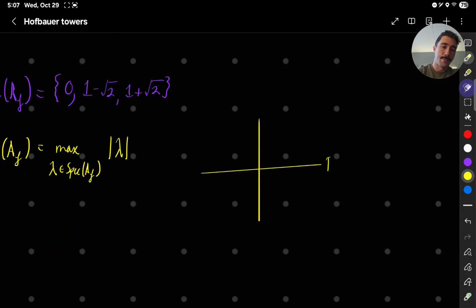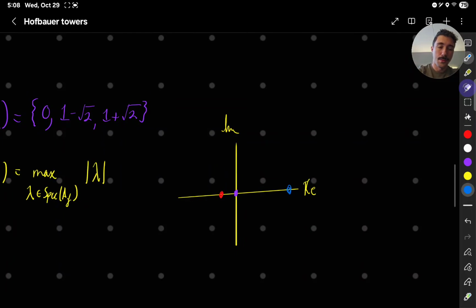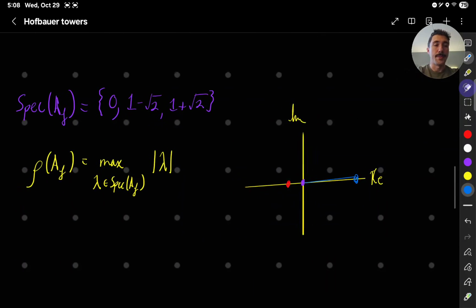So this is the real line. This is the imaginary line. And you, in this case, would have 0. Root 2 is bigger than 1, so you'll have something over here. That's this one. And then you'll also have 1 plus root 2 over here. And so you look at the moduli, which are the distance from the origin, and the blue one, 1 plus root 2, happens to be that maximum modulus.